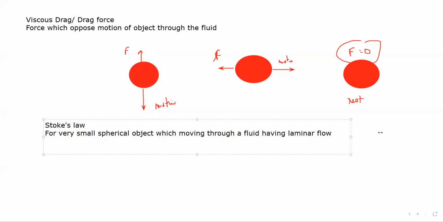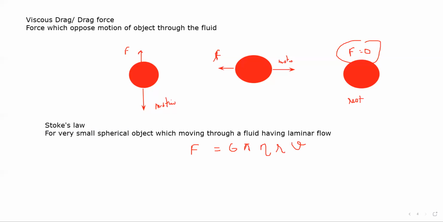So according to Stokes, for a small spherical object moving through a fluid having a laminar flow, the viscous drag is given by the formula 6 pi eta r v.